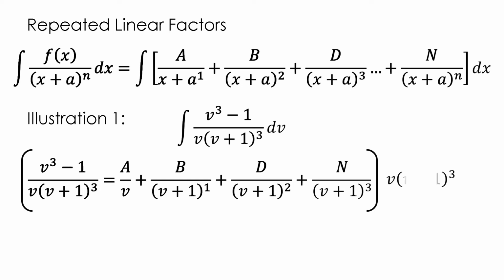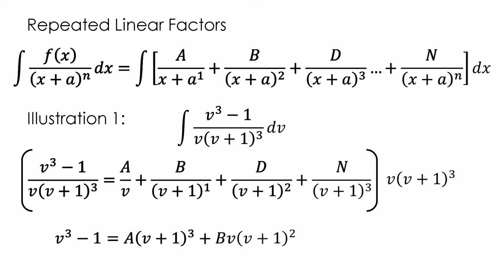We now multiply by the least common denominator, which is v times the quantity v plus 1 raised to 3, so that we could clear out fractions. And multiplying by the least common denominator will give us v cubed minus 1 equals A times the quantity v plus 1 cubed plus B times v times the quantity v plus 1 squared plus D times v.